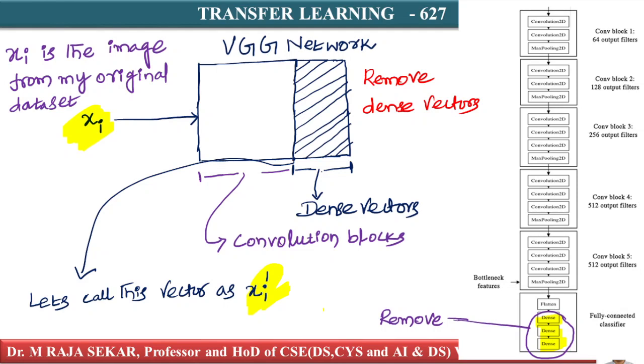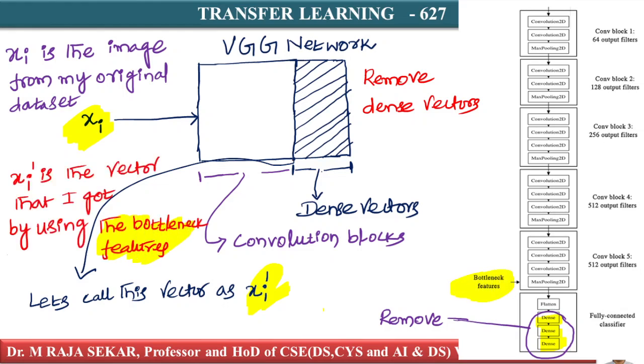That's important. My xi dash is a vector that I got by using the bottleneck features. These features are called bottleneck features just before the flatten layer. So I will actually flatten them.